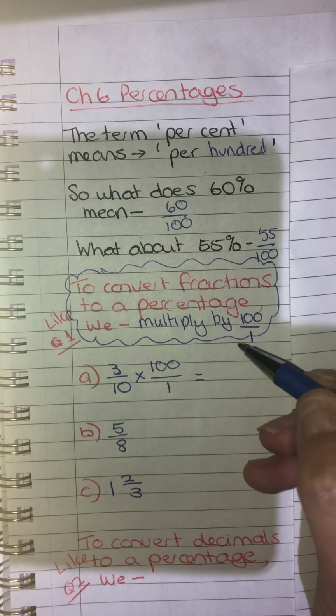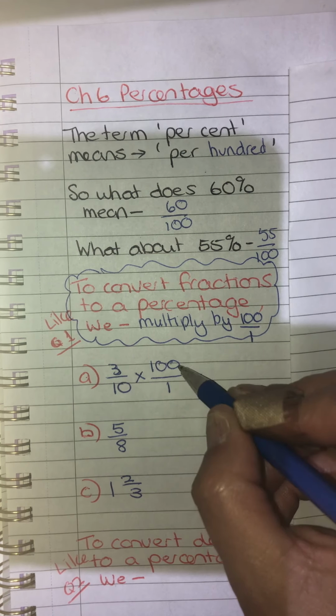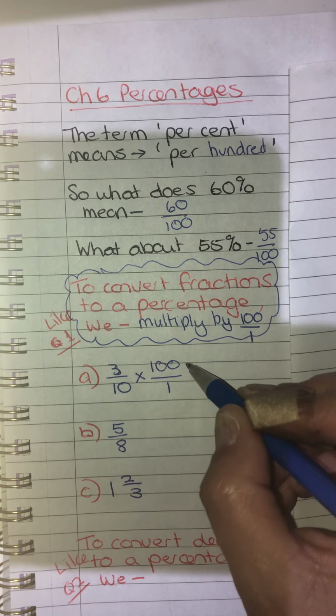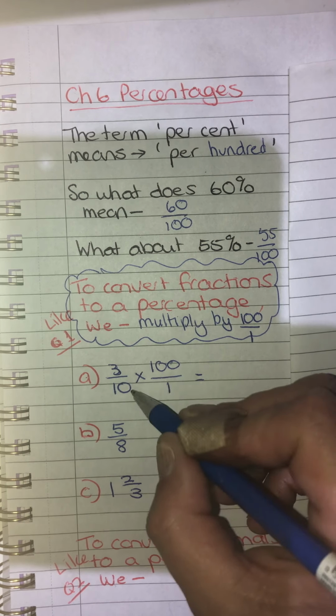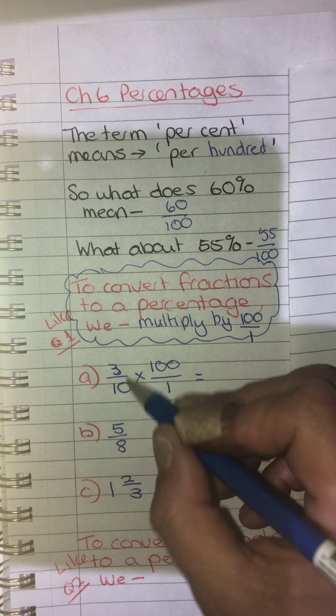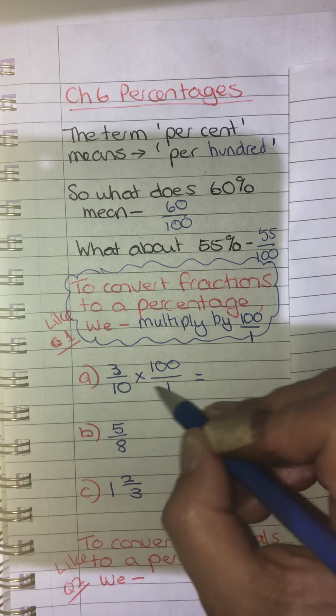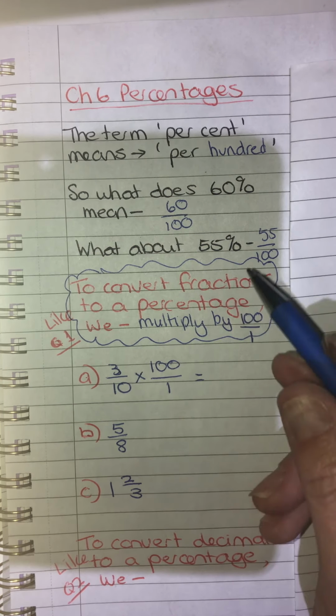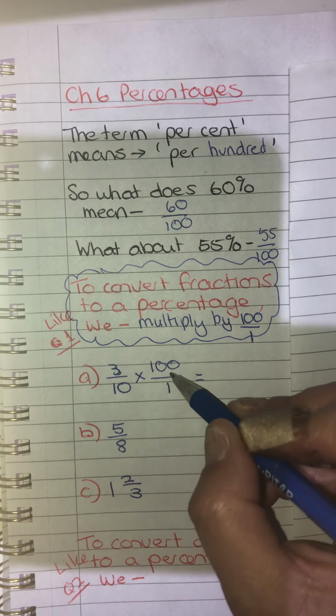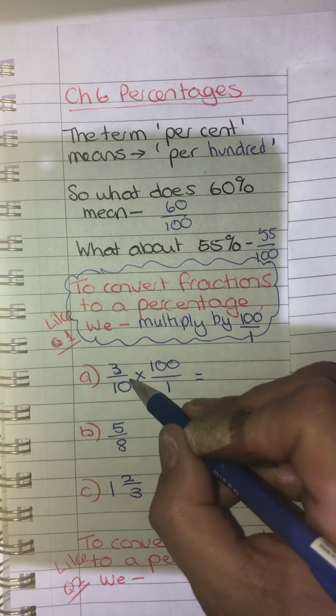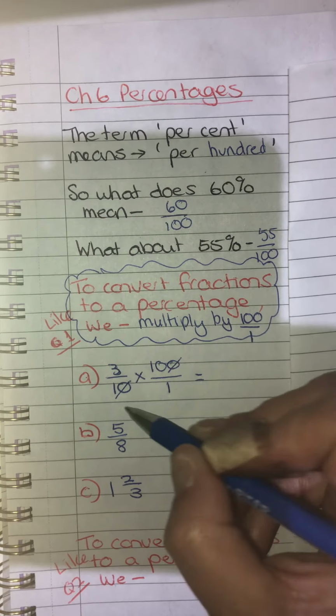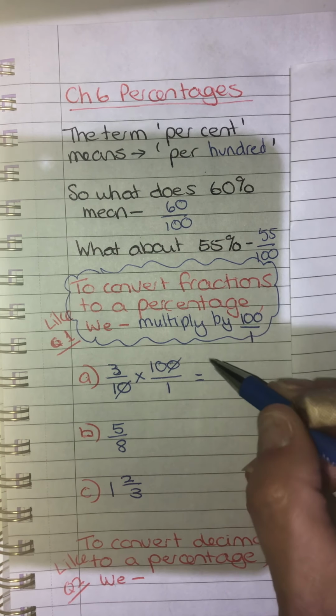Now that we've done that, we're going to cancel. So what's on the top that's on the bottom that we could possibly cancel? Remember, you can go across, or you could go like that, or you can go up and down, but you can't cancel 2 bottoms or 2 tops. So hopefully the zeros, they're the easy ones. If you've got a 0 on the top and a bottom, we can cancel them out. So we've got 1 and 1 on the bottom, which is just 1.